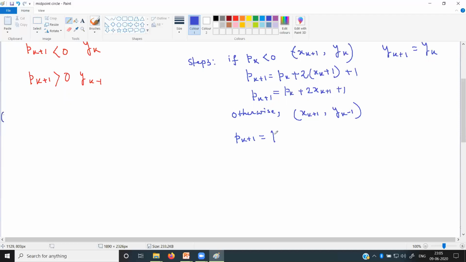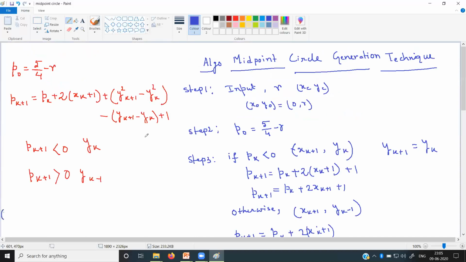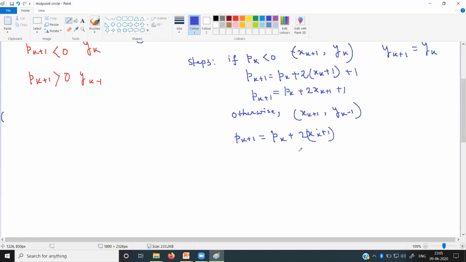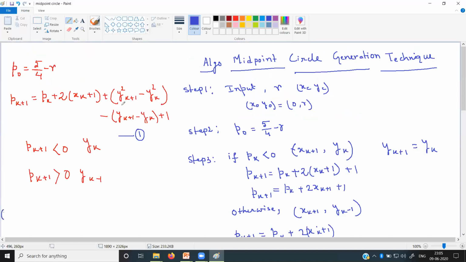So the decision parameter p of k plus 1 is nothing but p of k plus 2 into xk plus 1, as I got it from this equation. Let us name it equation 1. From equation 1, I got that p of k plus 1 is equal to pk plus 2 of xk plus 1 plus. Now, what is yk plus 1?